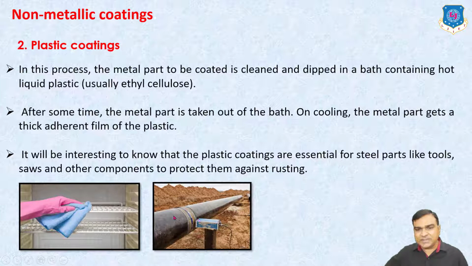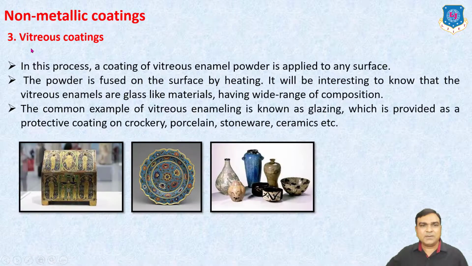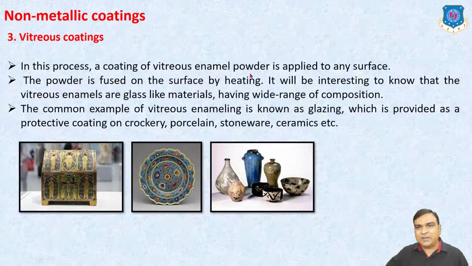So here this is an example, a pipe which is used under the earth surface, so it must be coated with plastic coating. And in our fridge, the trays are coated with plastics. Third one is vitreous coating. In this process, a coating of vitreous enamel powder is applied to any surface.